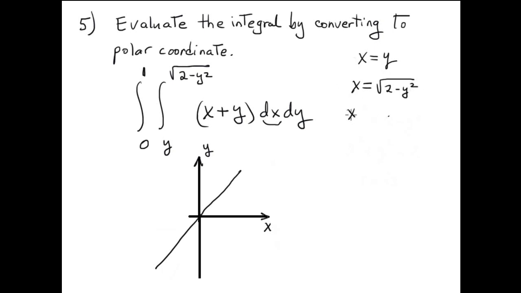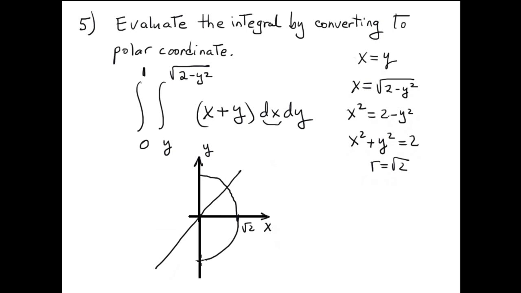If you square both sides to understand better, x squared plus y squared equals 2. This is a circle with radius radical 2, approximately here. But is this the half of the circle, a quarter of the circle, or the entire circle?